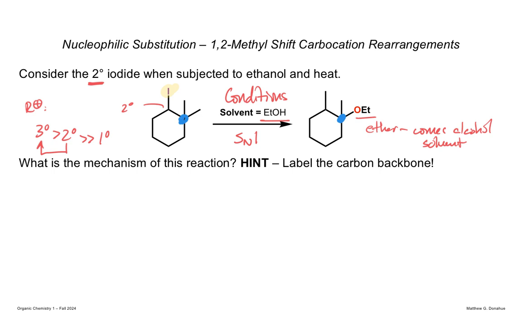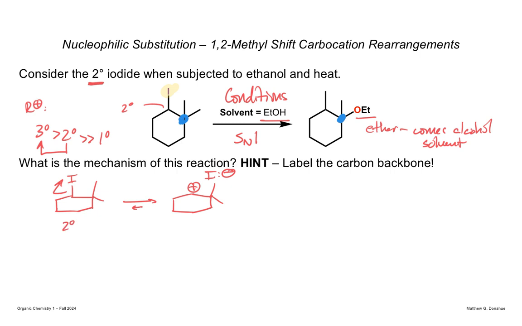And I think we have enough room on this slide to get through it. So the rate determining step is going to be ionization of the CI bond. So there are the ions, the carbocation and the iodide.